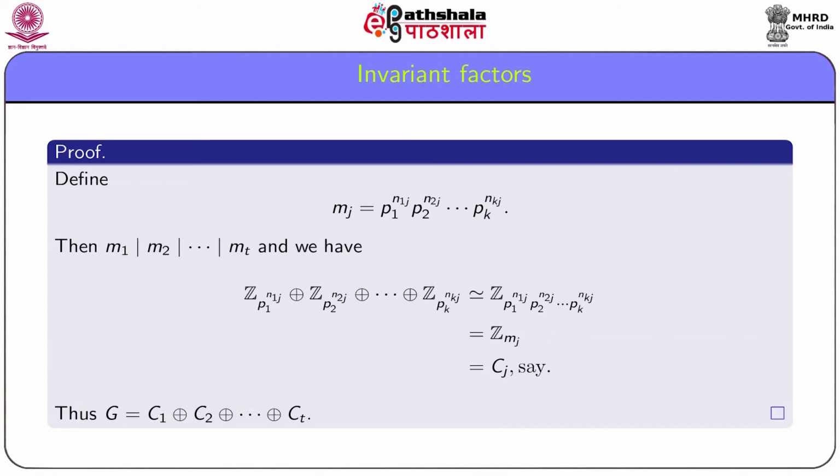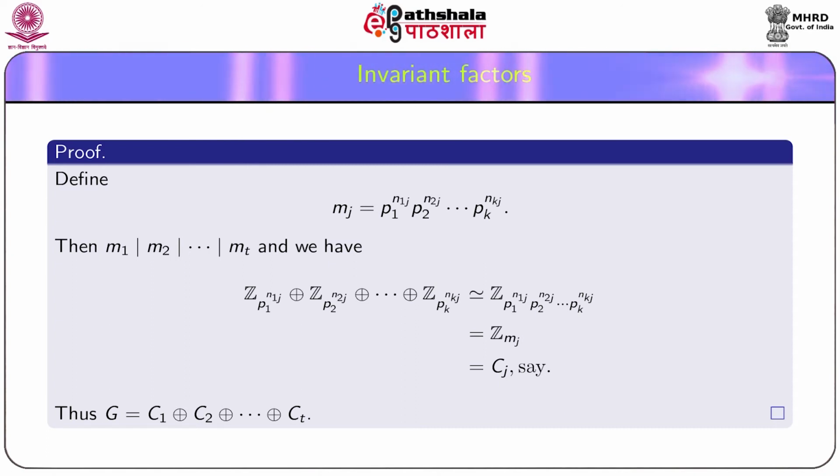Define Mj to be the product of the jth elementary divisors of the primary components Gp1, Gp2 up to Gpk. Thus, Mj is equal to p1 to the power n1j into p2 to the power n2j and so on, pk to the power nkj.